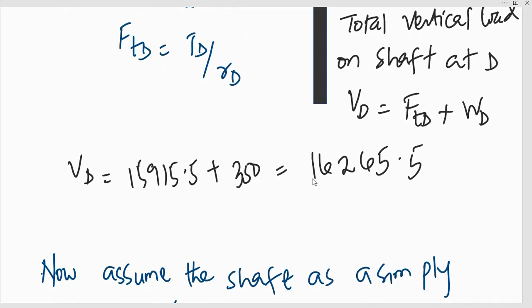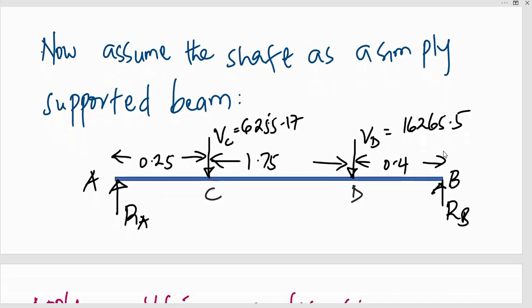Then 15915.5 plus 350 gives us 16265.5 newtons.